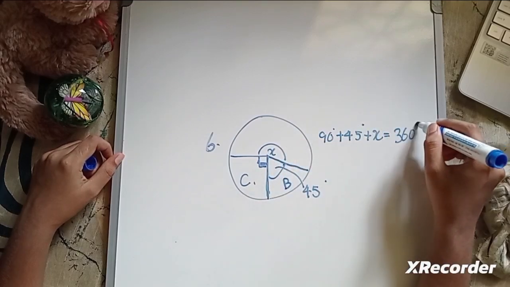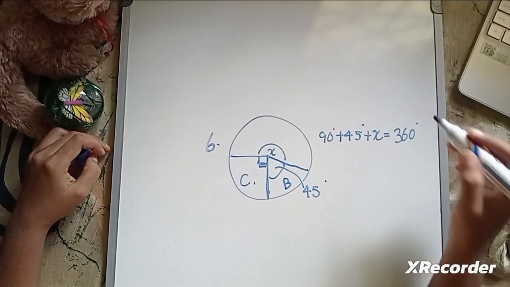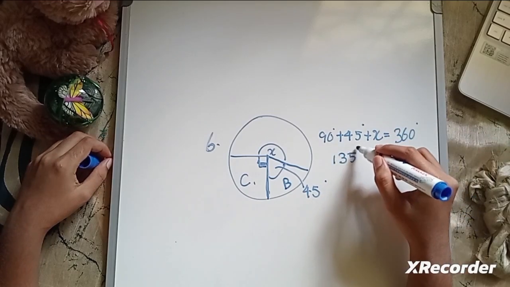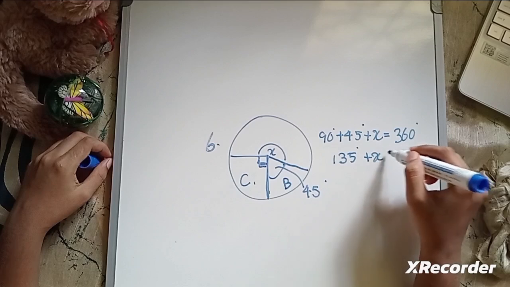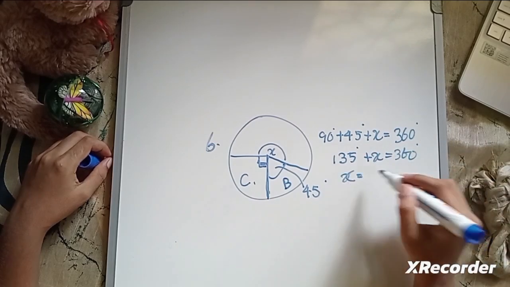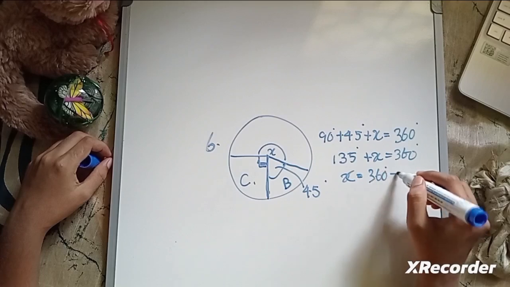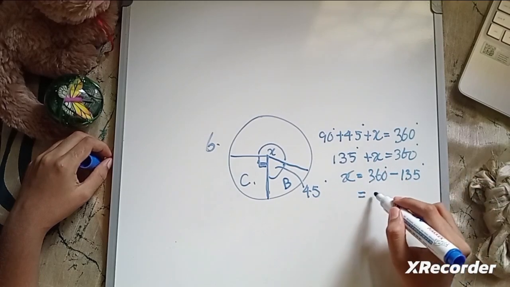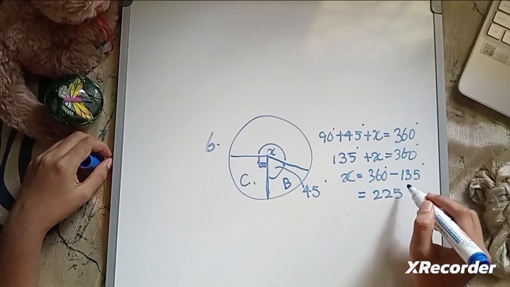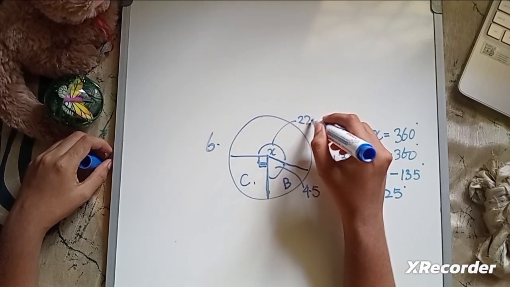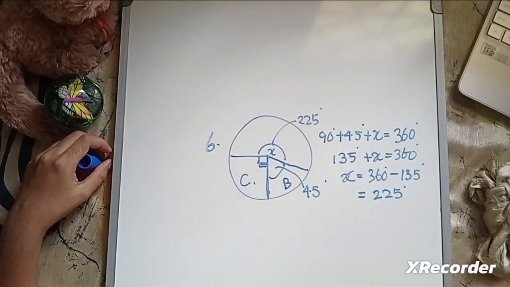The sum of these three is 360. So this is 135 plus x equals 360. X equals 360 minus 135. We got the answer 225. This angle is 225 degrees.